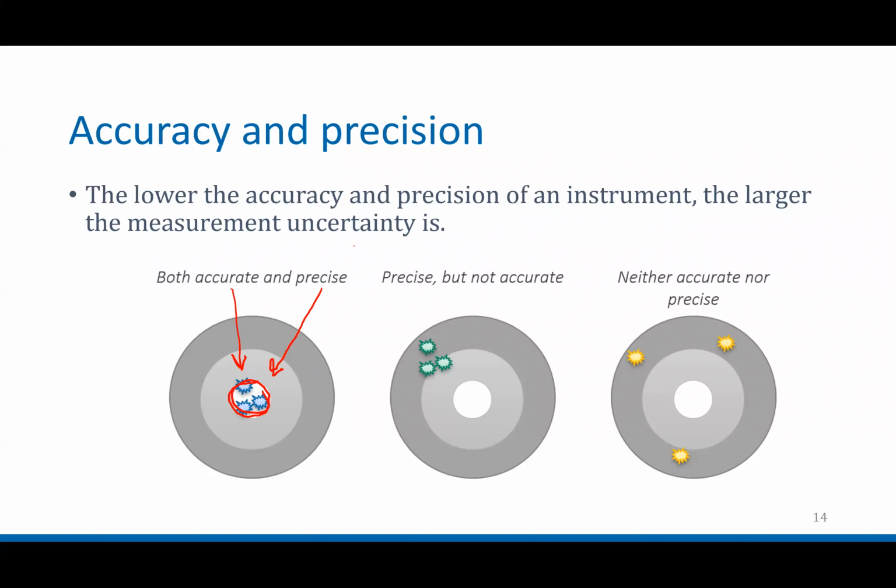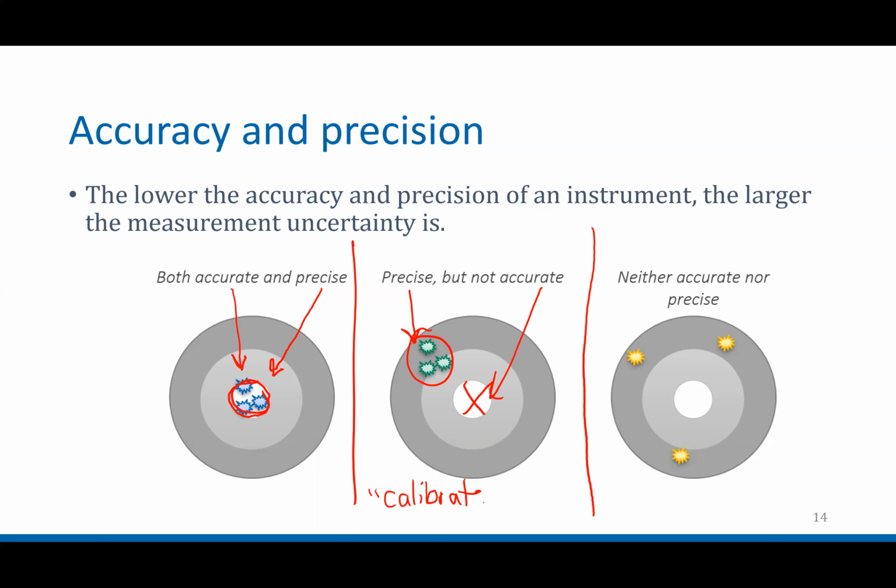Now, this is another problem. Your measurement can be precise, meaning they're all close together, but not accurate. This is a very big problem in experiments, because if you did this in the lab, you might think you had a good answer, but typically what you need to do when you have this situation is you have to calibrate your equipment, meaning you have to fix it and move it towards the true value.